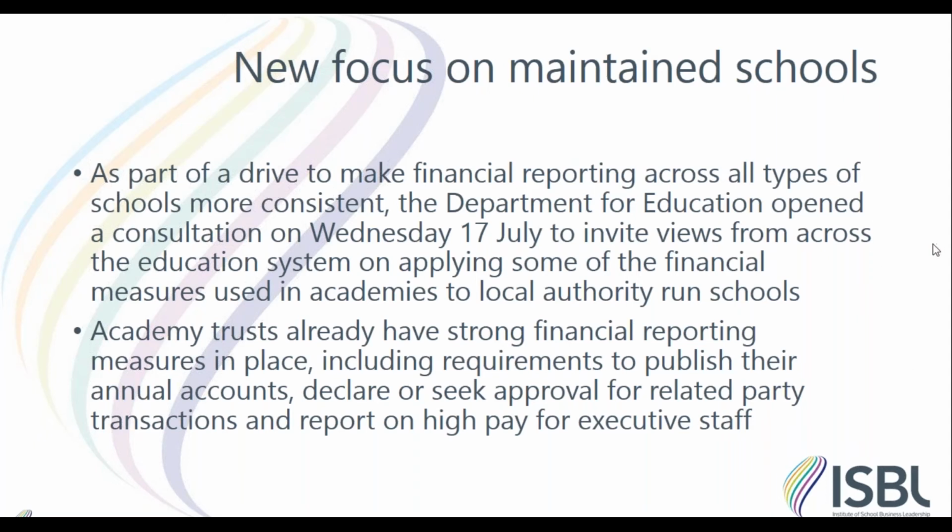But there's a new focus on maintained schools, and as part of the drive for more consistency, the Department for Education have opened a consultation on applying some of the financial measures used in academies to local authority schools, and recognise that this in its own way will be quite controversial, and there's already some pushback in terms of additional administrative burdens on small schools.